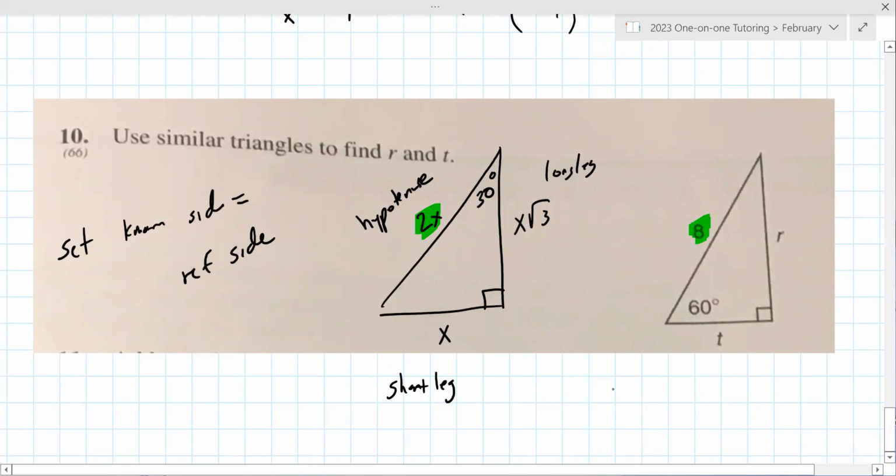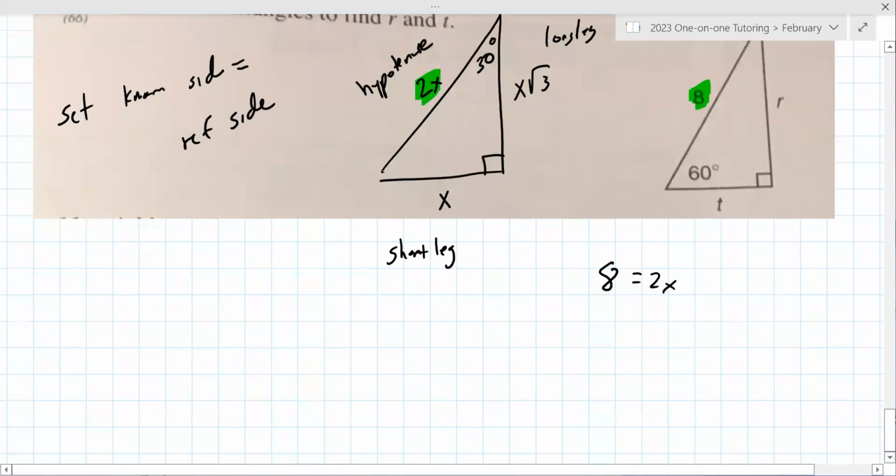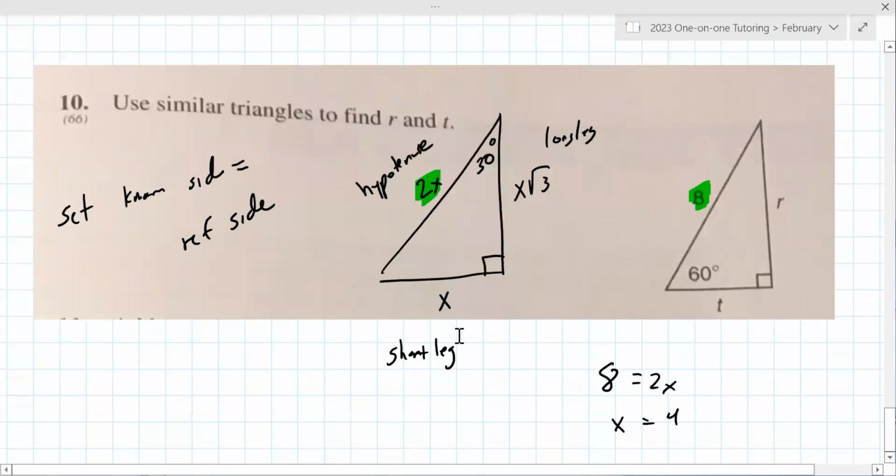Yes. Okay, so you set 8 equal to 2x, and you find x. You say, okay, well, x is 4, but x is the reference side. It's referring to the short leg over here, which is 4. Okay, meaning your short leg is 4.